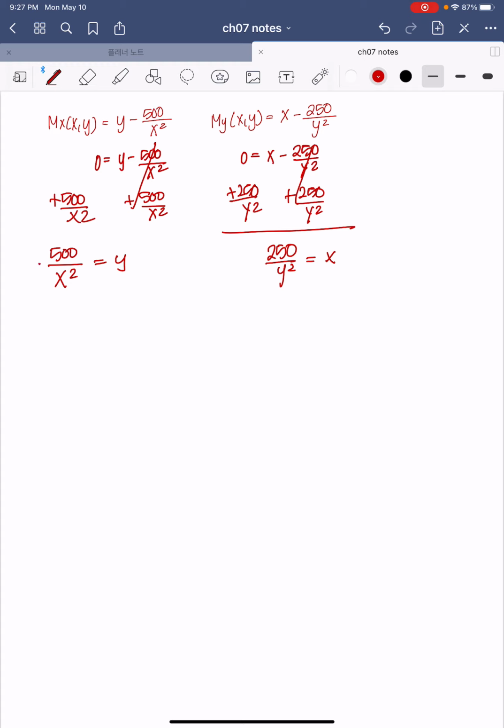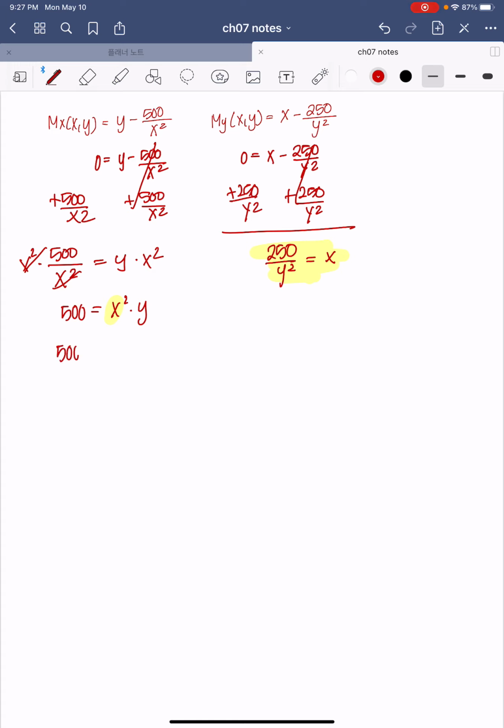Now, I can multiply by X squared because I don't like fractions. So I have 500 equals X squared times Y. This is the part where I'm going to do the substitution. I'm going to substitute X with 250 over Y squared.